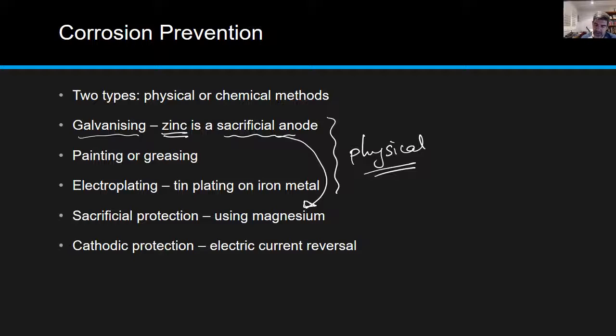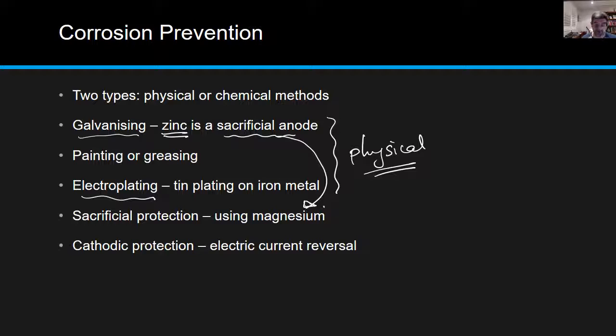And we will look at that in a little more detail in just a moment. But galvanizing is not too different to electroplating, but the zinc coating that can be put on the outside of iron or steel has the advantage in that the zinc itself is a more reactive metal, so if it's scratched, it will still preferentially oxidize before the iron.